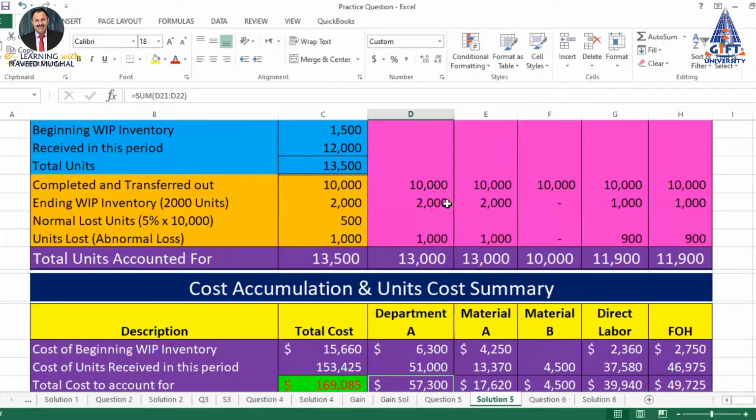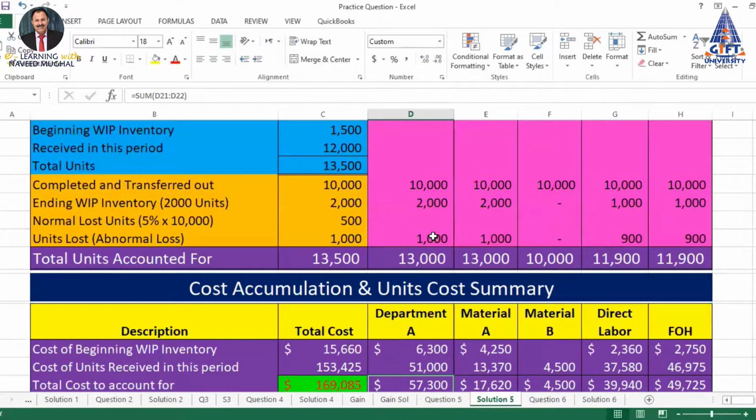This is basically the logic behind that. We are not spreading the cost among the good units only. We are separating the cost and neutralizing the effect of those costs by adding those units in our equivalent unit calculation.